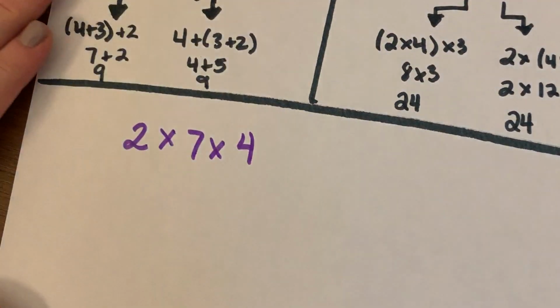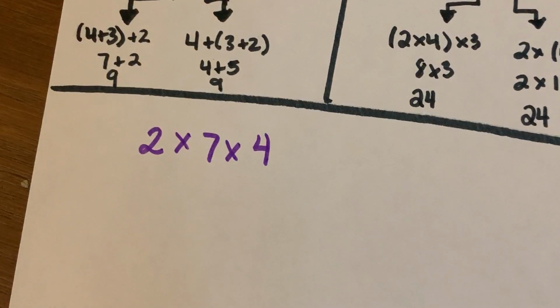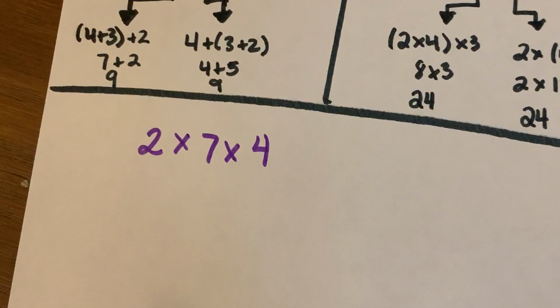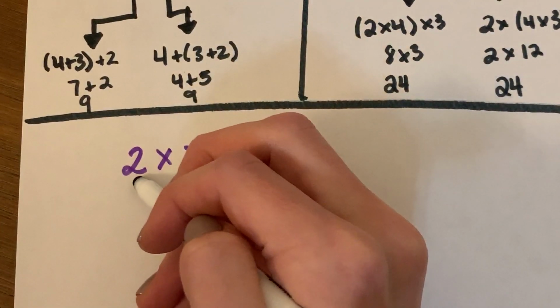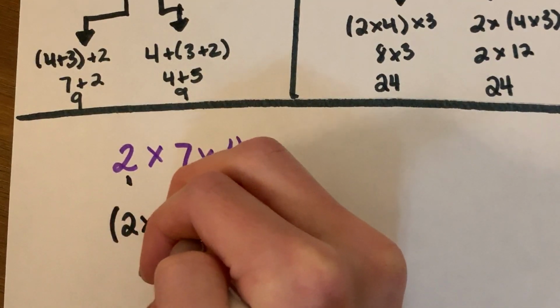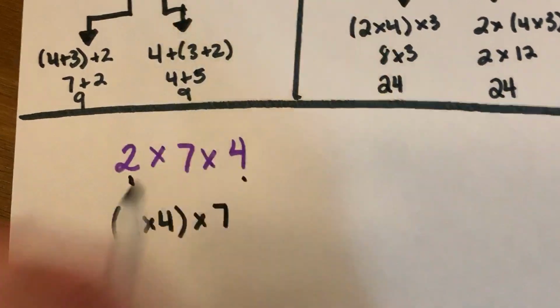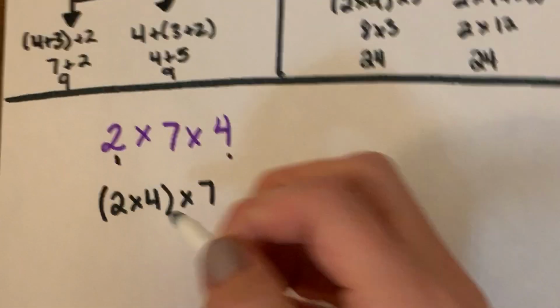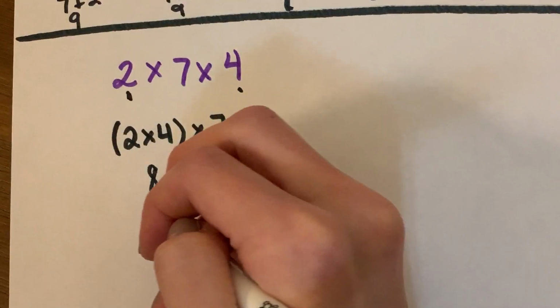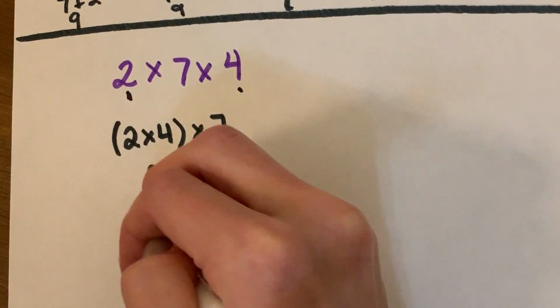So what I'm going to do is group these numbers. Let's see, 2 times 7 I know gives me 14, but I don't know how to do 14 times 4, so I'm not going to do that. But I do know 2 times 4, so I'm going to do 2 times 4 and then multiply it by 7. 2 times 4 gives me 8. 8 times 7 gives me 56.